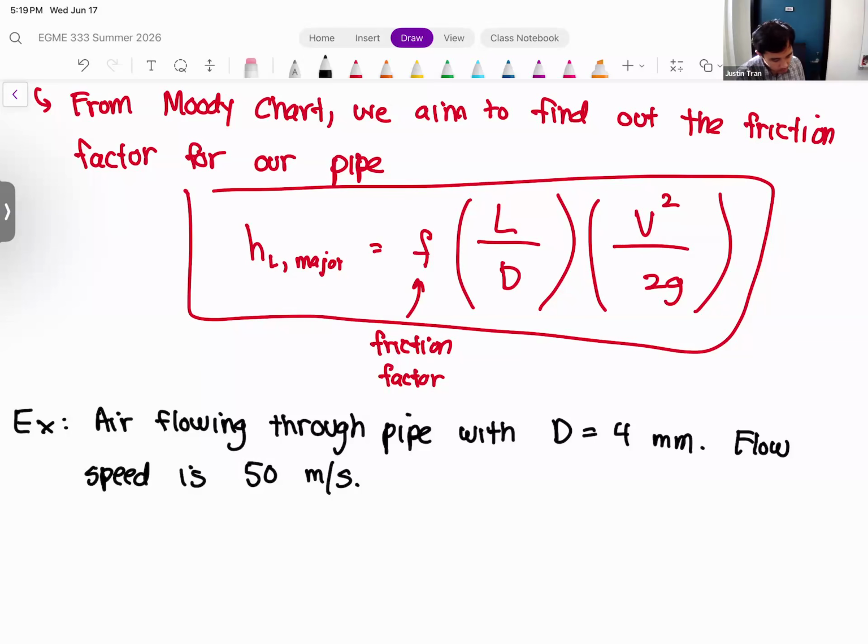For this particular pipe, let's say the surface roughness is 0.0015 millimeters.